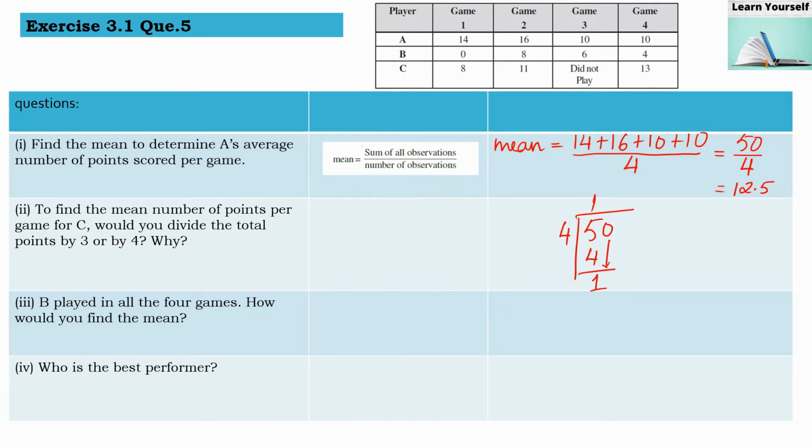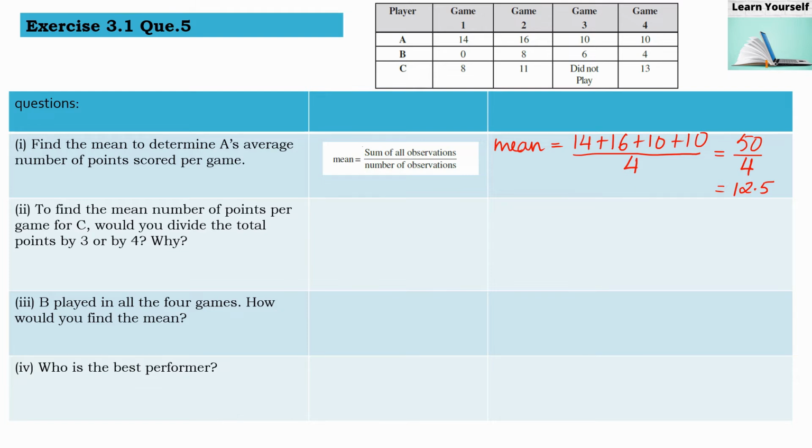We are taking this 0 down. 4 twos are 8, we will get here 2. Keeping here 0, 12.5, 20, and we will get here 0, 0. So that is how we are going to get the 12.5 answer.